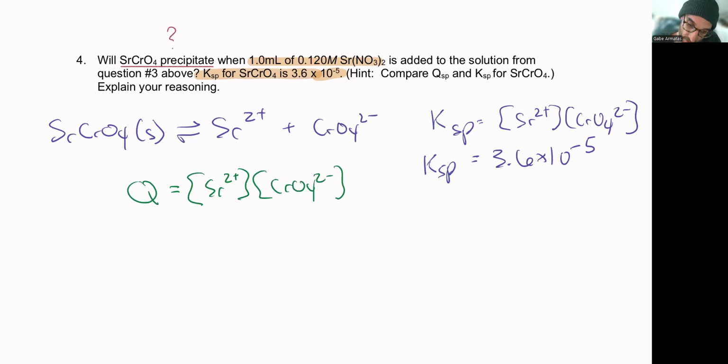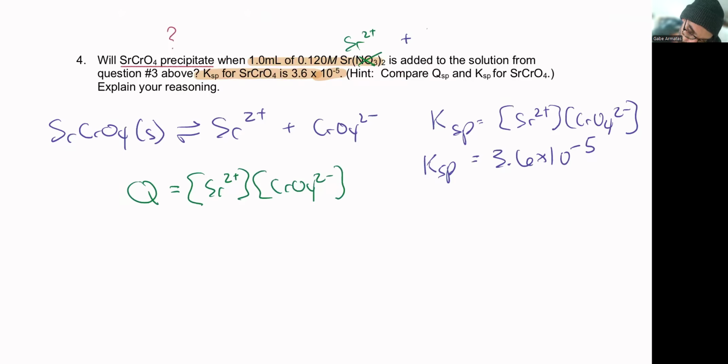So what is the concentration of my strontium? Okay, so 1 mL of 0.120 molar strontium nitrate. Again, I don't care about the nitrate part. It's really just strontium ions, Sr2 plus. So 0.120 molar, but hold on, because I'm adding this to, remember, we're going to combine that with, was it 400 mL?